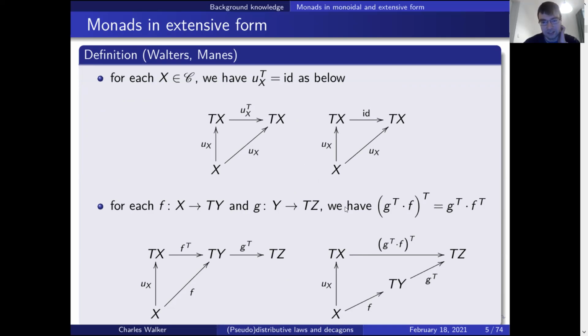And finally, we have an axiom which I usually think of as saying that extensions are preserved by other extensions. So if we have an f composed with the extension of g, and we take the extension of that, that's the same thing as composing the extension of f with the extension of g.